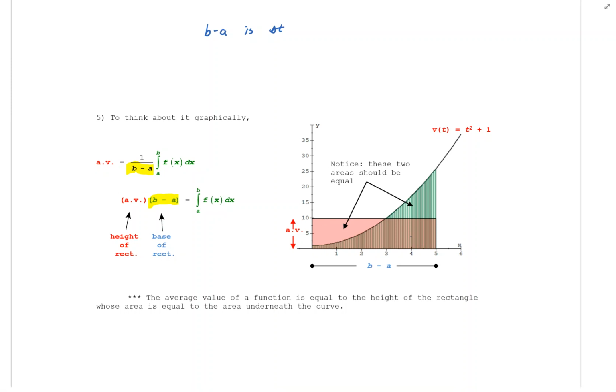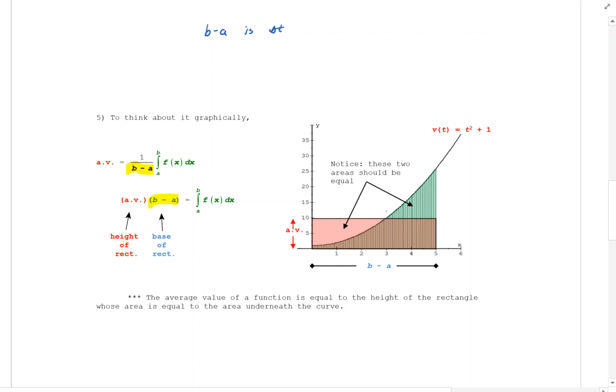So the average value of a function is equal to the height of the rectangle whose area is equal to the area underneath the curve. We're just taking this space, filling in here, and making a horizontal line, which is going to be the average velocity.